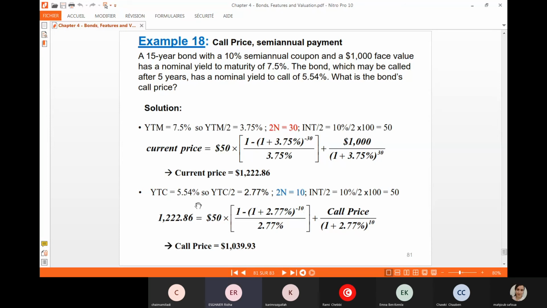What you find, you multiply by 1 plus 2.77% to the power 10, and you get the call price of the bond. This call price will allow you to earn 5.54% annually if the bond is called 5 years from issuance, and if you pay, of course, the current price of the bond to buy it. Is it clear, Yasmin?